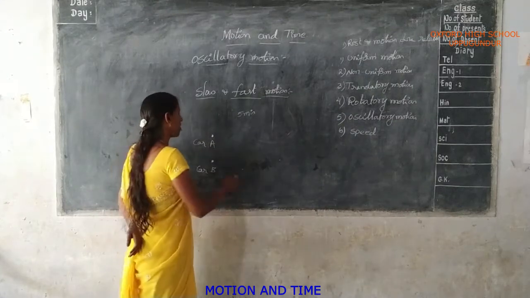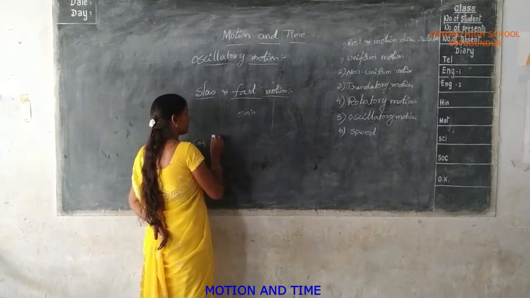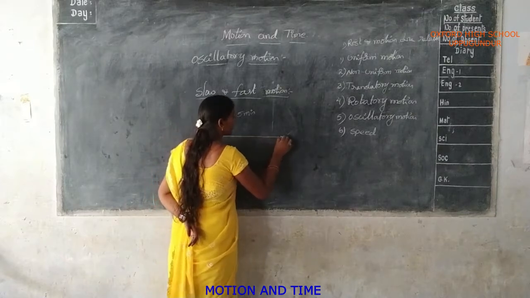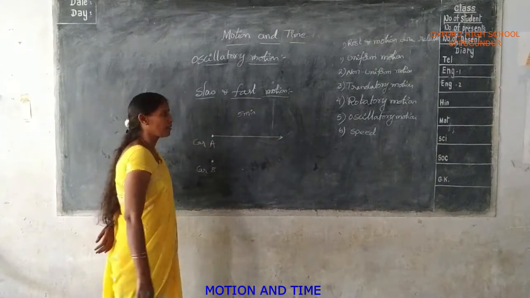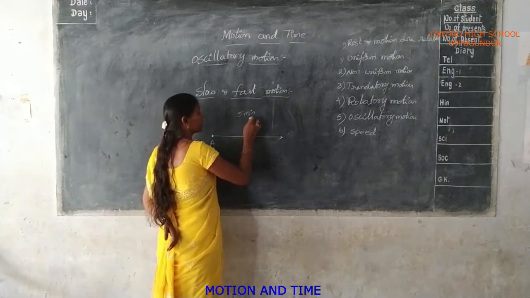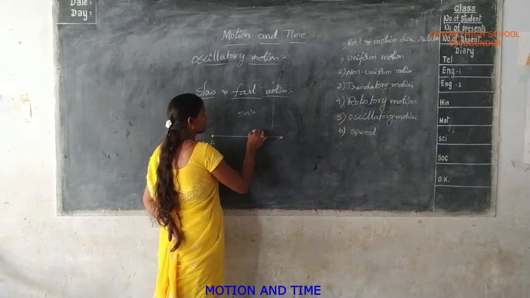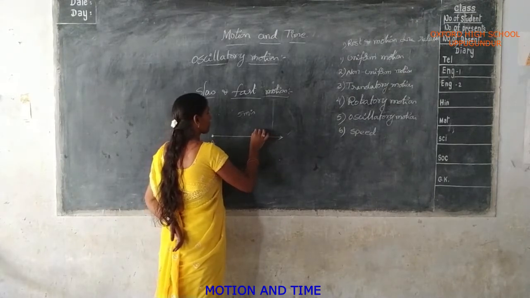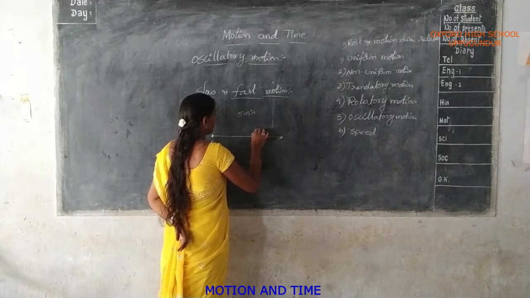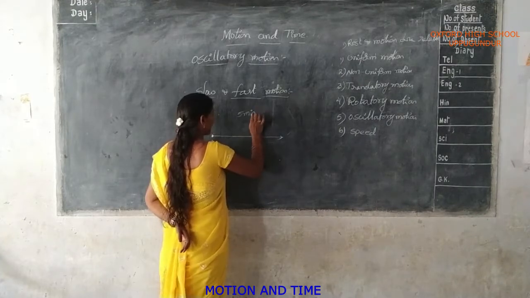In 5 minutes each object covers some distance. For example, suppose car A covers 1 kilometer.